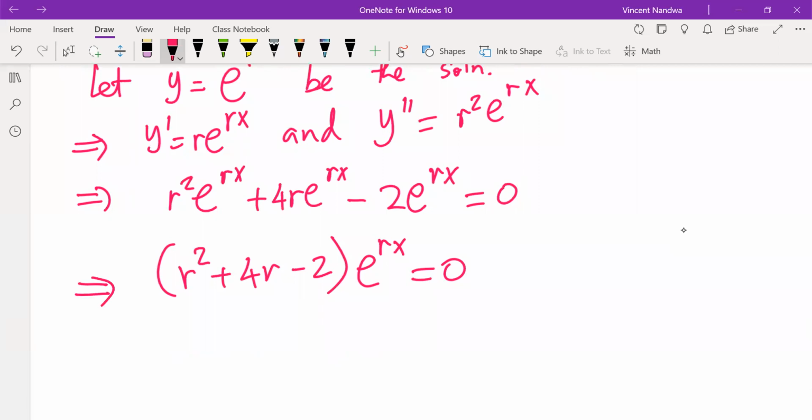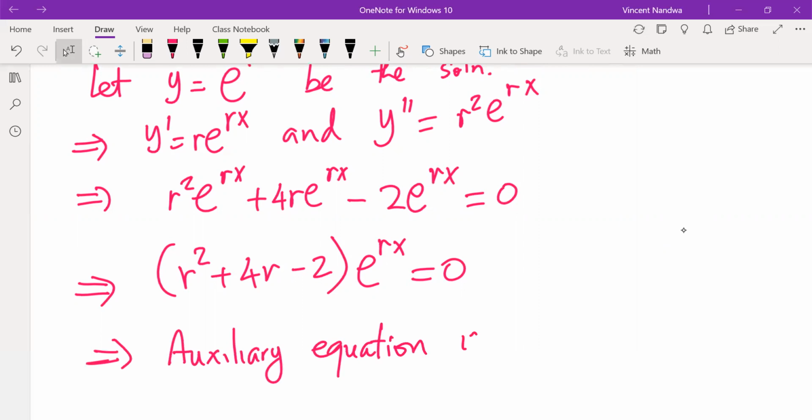So this means that the auxiliary equation is r squared plus 4r minus 2 equals 0, since e raised power rx cannot be 0.